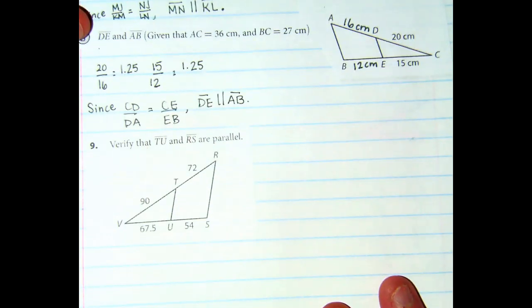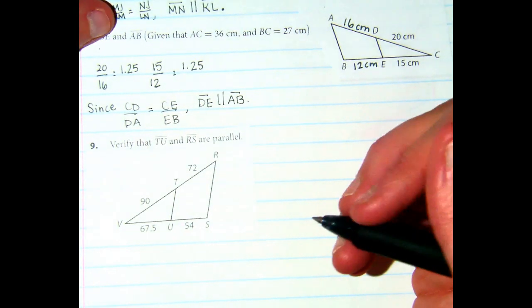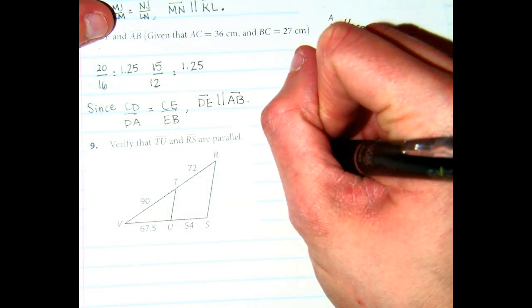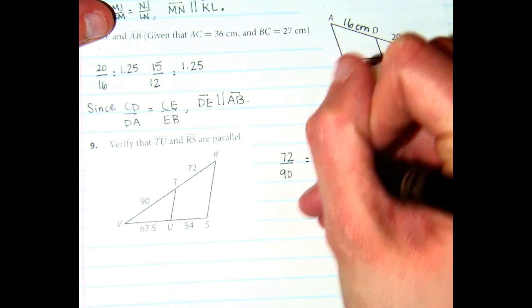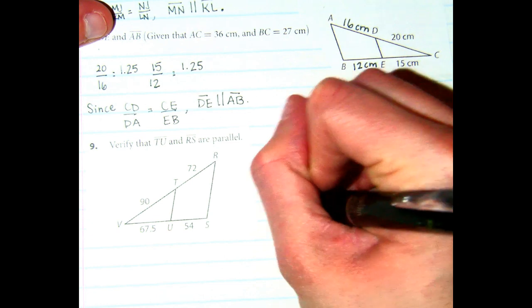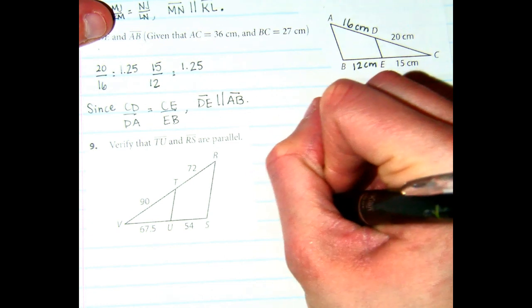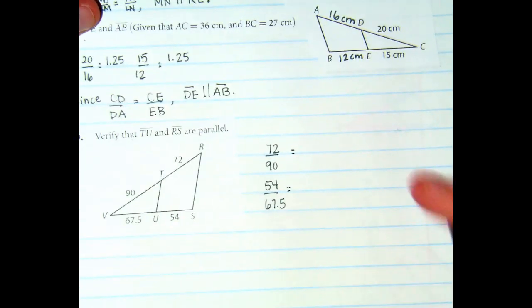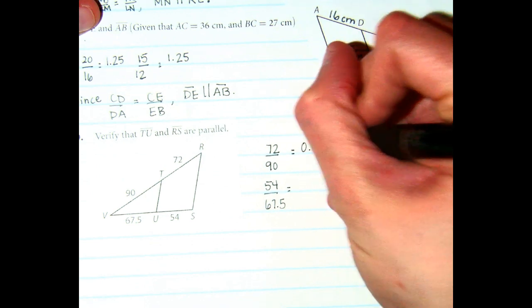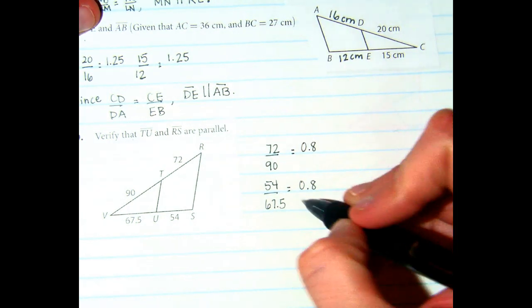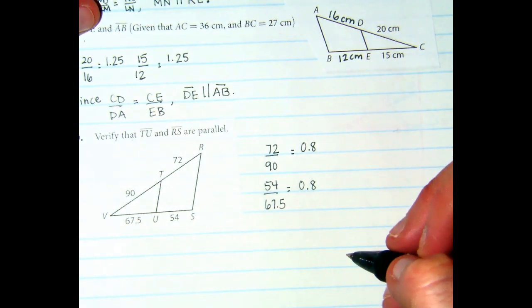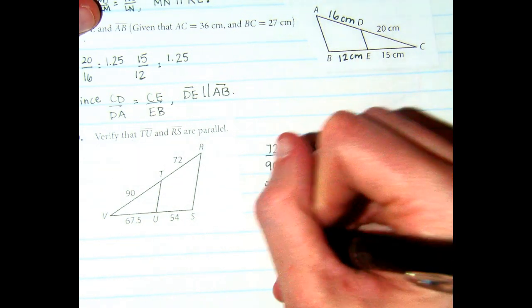Okay. Number 9, very similar. What did you guys set up? Okay, we'll do it that way this time. What did you get when you simplified your numbers? If you did it the other way around, you got a different number, but they were still the same proportion. Okay, so they are proportional.